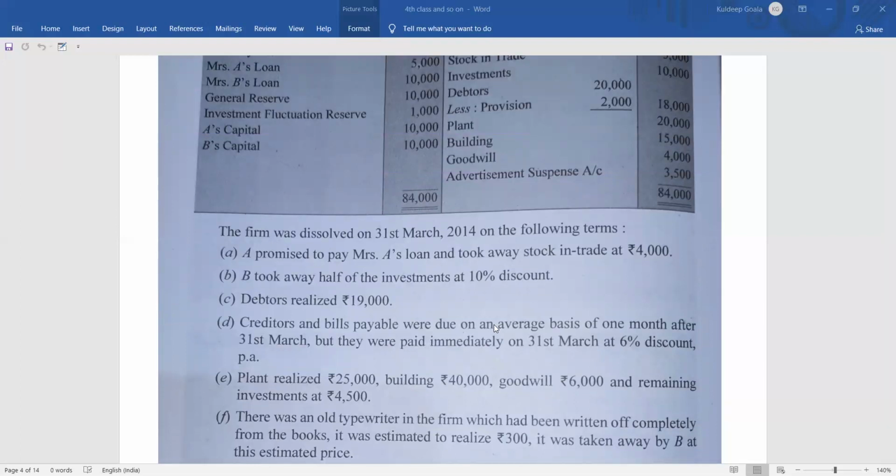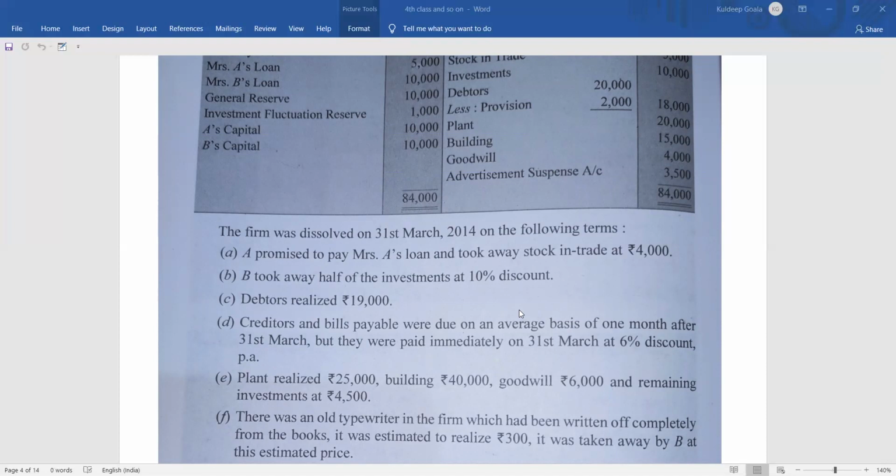So if B is taking half of the investment at 4,500, how are you going to show the journal entry? Remember very nicely that this discount of 10% will not come in the realization account. Automatically it will be adjusted later on. So how will it be shown? The journal entry will be like this.